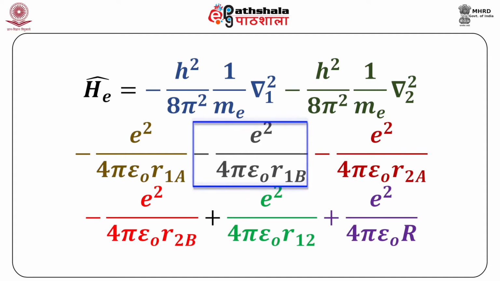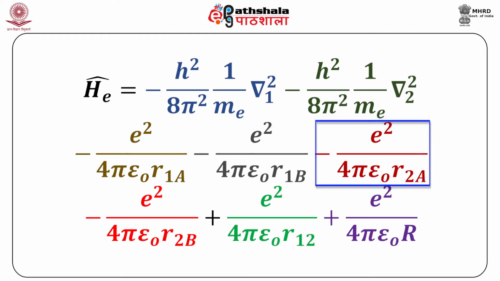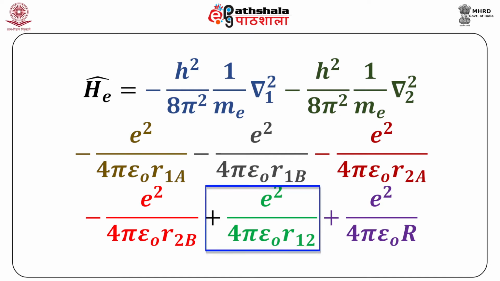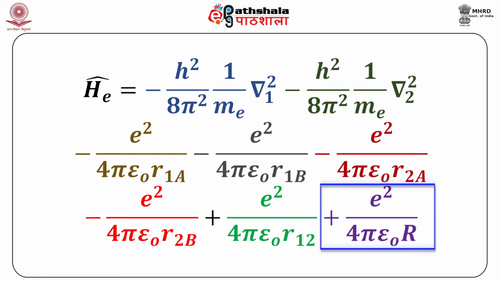Then the next term is similarly negative, that means it is the electrostatic attraction between electron 1 and the nucleus B. If you look at the next term, that gives us the electrostatic attraction between electron 2 and nucleus A. And then we also have a term which is e square upon 4 pi epsilon 0 R12, which you know is the repulsion term between the two electrons, and we also have the last term here, which is the repulsion between the two nuclei.